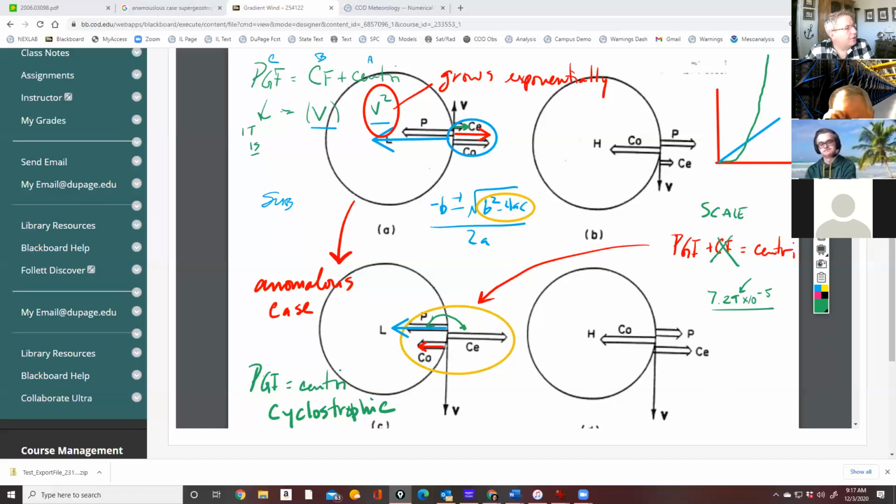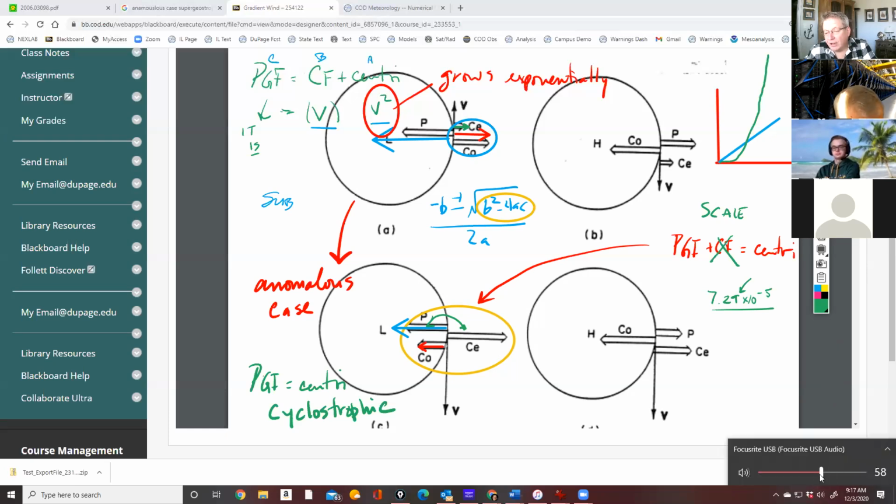No, because a hurricane's always cyclonic. Anybody? Tornado? How about a tornado? Those are not cyclonic, are they? Well, a tornado doesn't have to be cyclonic, right?